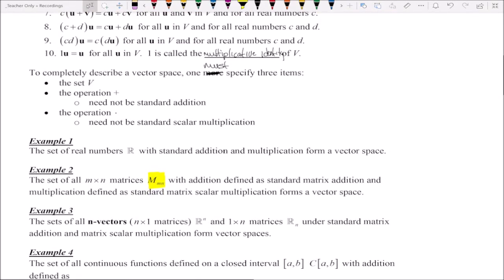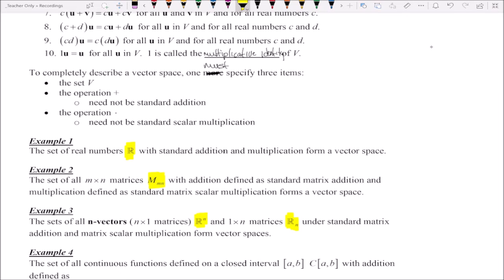Another set is the set of all n-vectors. They are n by 1 matrices represented as R^n, right? Again, remember that R represents the set of real numbers. And the set of 1 by n matrices, denoted R_n, under standard matrix addition and matrix scalar multiplication.